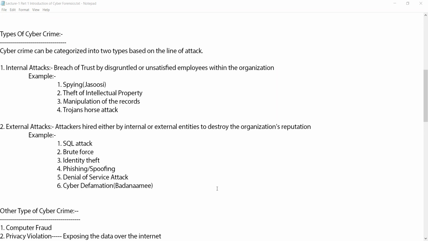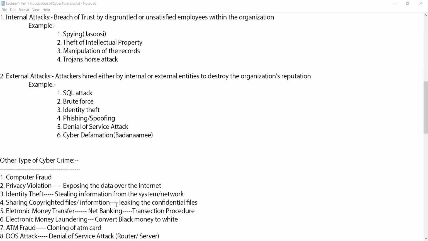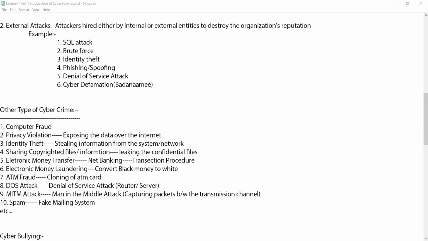Okay. The next thing is other types of cyber crime. There are multiple other types of cyber crime. The first one is called computer fraud. In computer fraud, a person is involved in an activity like this: suppose you buy a second hand computer, but you don't know that it is actually a stolen computer.